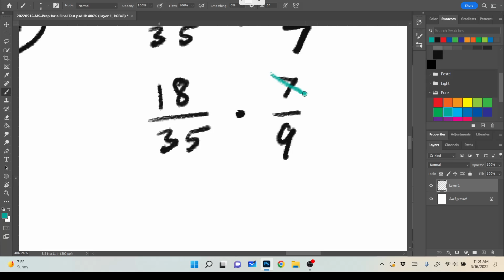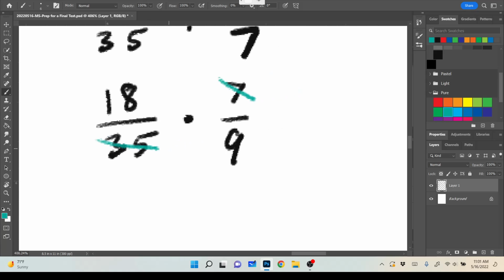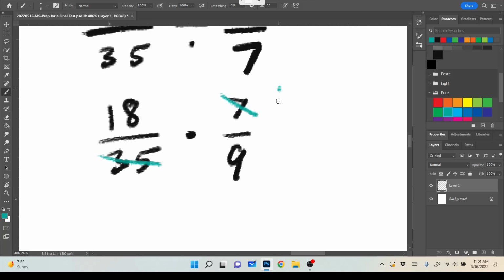7 and 35 absolutely reduces. What can we reduce by? 7. What's 7 divided by 7? 1. What's 35 divided by 7? Yes, it is. Somebody's trying to be a future person. Yay. 9 and 18. What can we reduce those by? 9. What's 18 divided by 9? 9 divided by 9? 1.